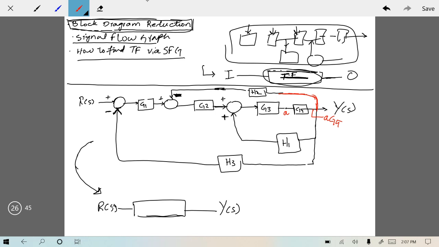It means we need to divide this H2 with G4. We need to divide this H2 with G4 so that this effect of G4 can be nullified. So our block diagram would now be, this would be H2 by G4.